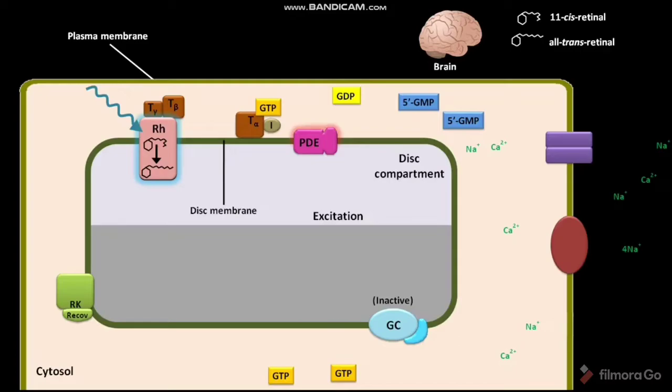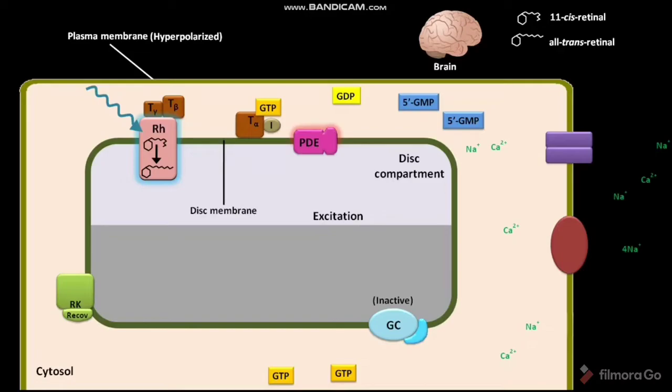Due to this prevention of influx of sodium ions and calcium ions into the cytosol of the rod cell, the plasma membrane of the rod cell becomes hyperpolarized. This signal then passes to the brain. With this step, the excitation process of a rod cell ends.